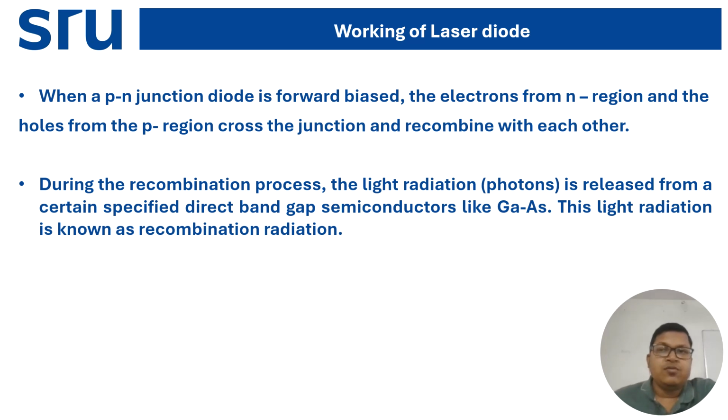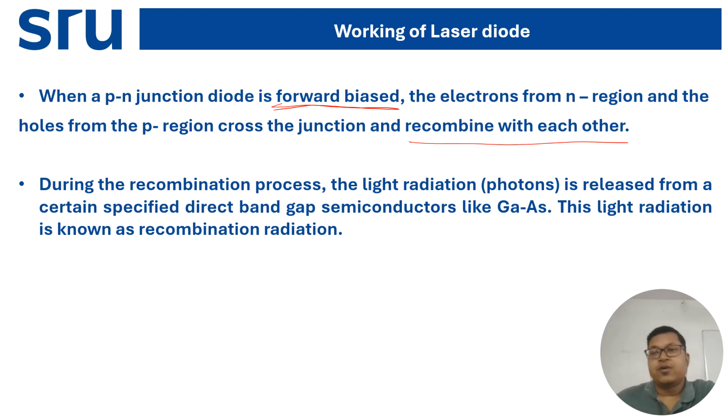Now we'll come to the working of the laser diode, right? When a PN junction diode is forward biased, please remember this thing: the electrons from the N region and the holes from the P region cross the junction and recombine with each other. This is very common.